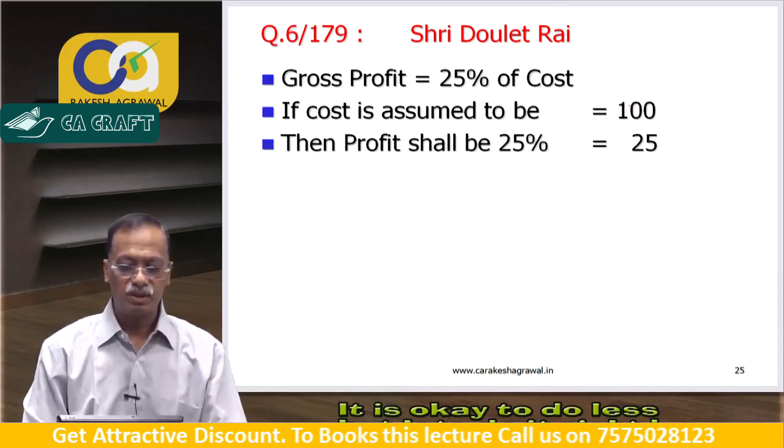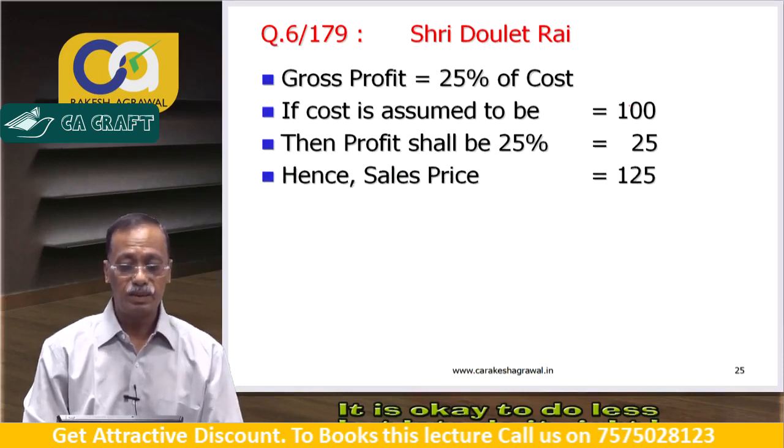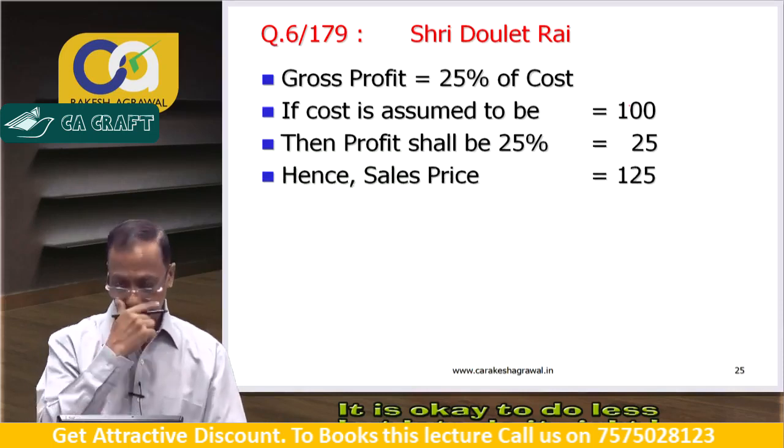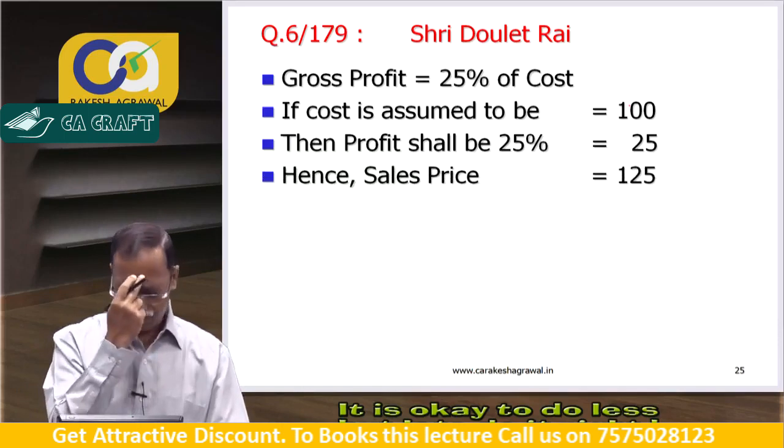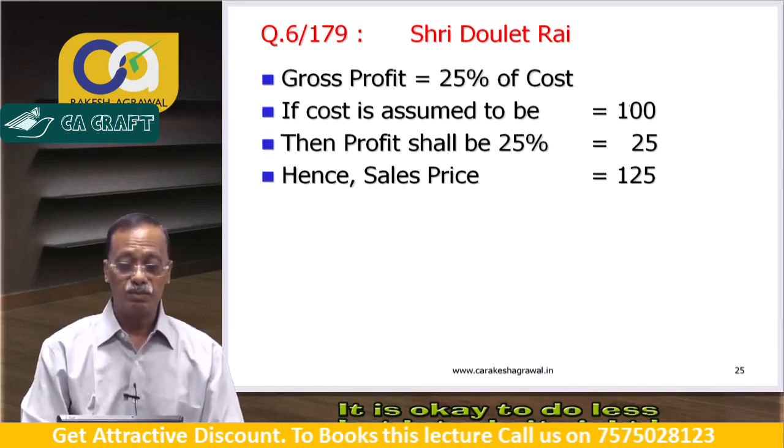That is 25% of 100, which is 25 rupees. Hence sales price will be 125, that is cost plus profit.